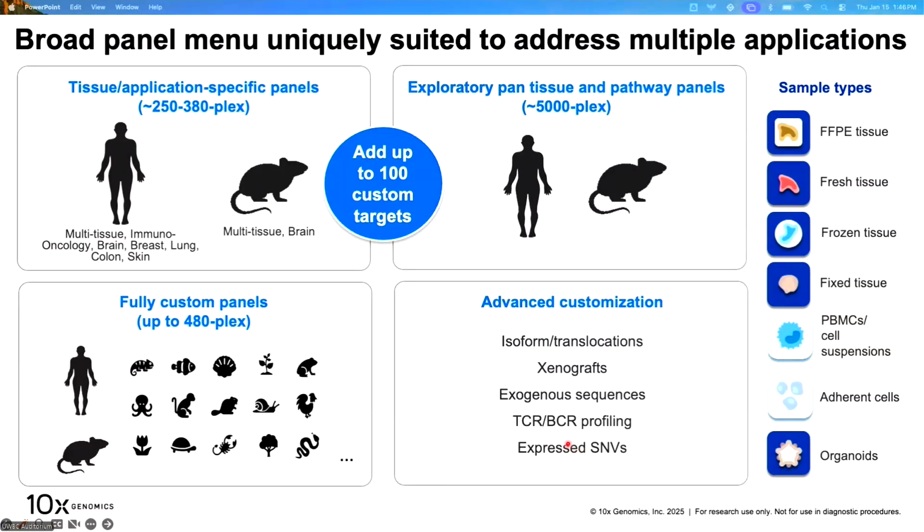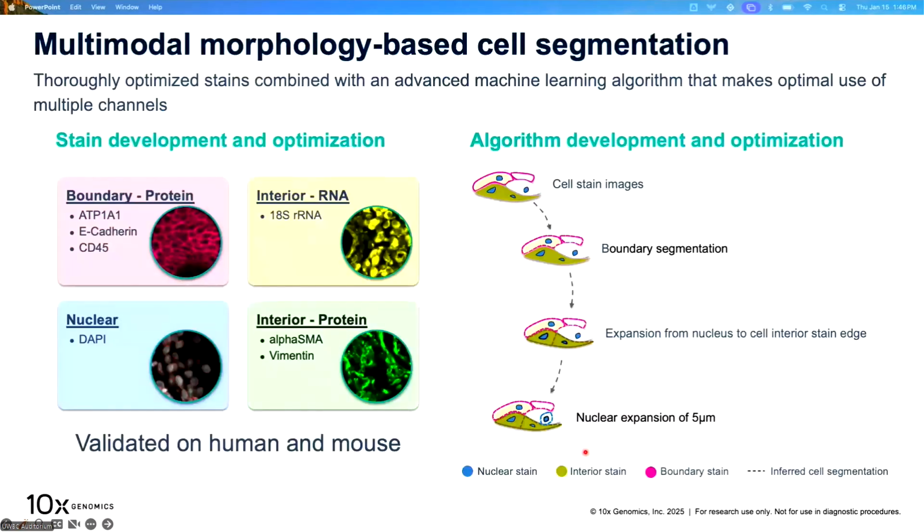So if you are interested, for instance, even in express SNPs, we can design probes for that. And with Xenium, we developed a very comprehensive and sophisticated, I should say, cell segmentation method that uses multiple stainings to segment cells.